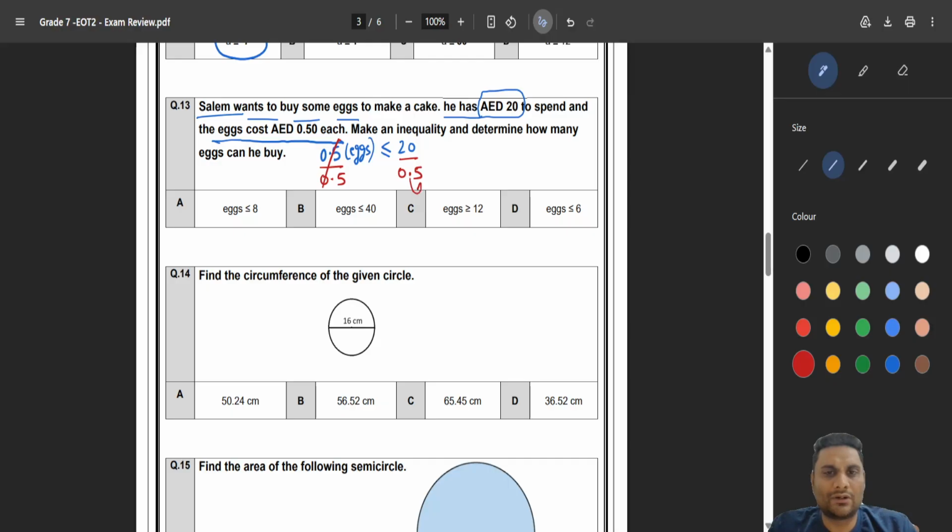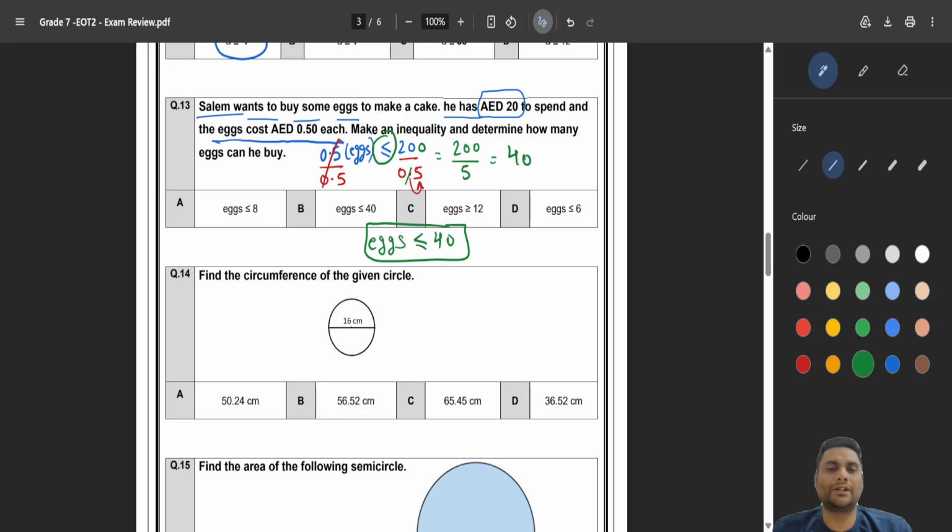After the point, there is one digit. So if I multiply by 10, this decimal will go and this will become 200 divided by 5. 200 divided by 5 means 40. So my answer will be, check the symbol, eggs less than or equal to how much? 40. He can buy a maximum of 40 eggs or fewer than 40 eggs. So option number B here.